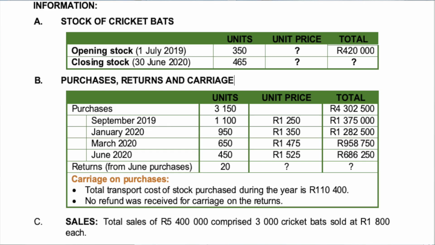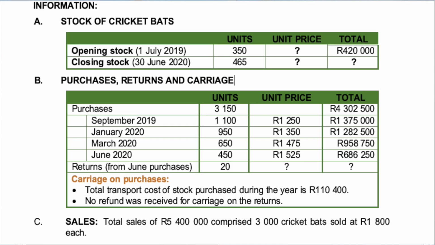And then we can see information B telling us of our purchases and returns, as well as carriage for the year. All right, we purchased some goods in September, another one in January, another goods were purchased in March, as well as June. We have returns from the purchase of June. 20 goods were returned from purchase of June. It means for June we are left with 430 units.